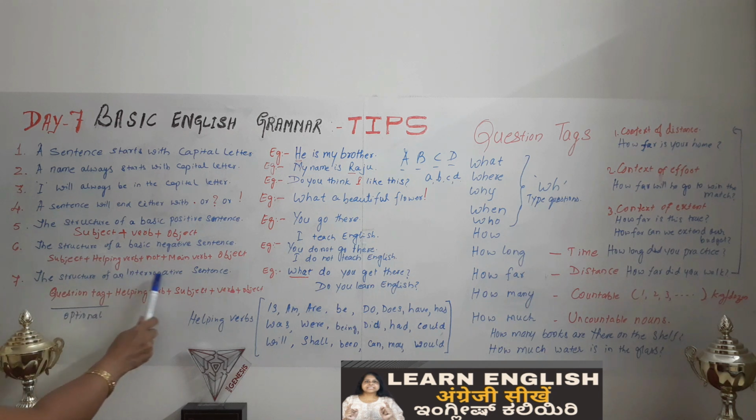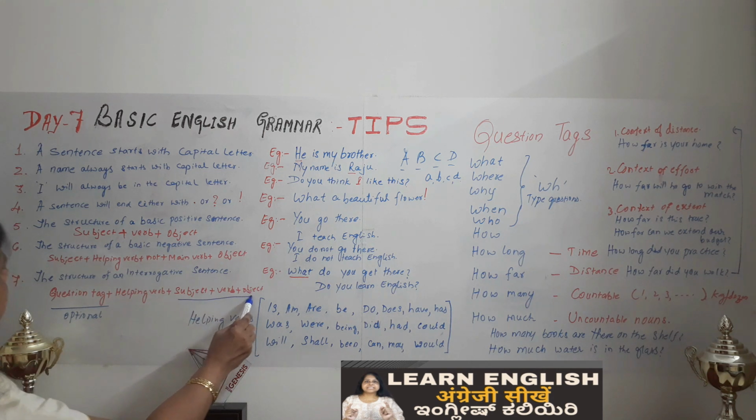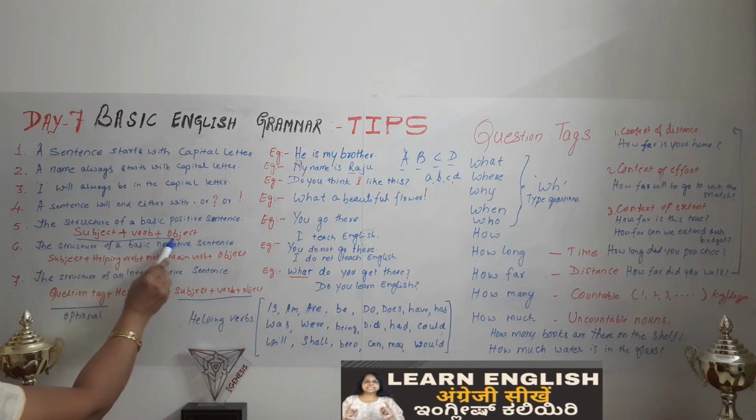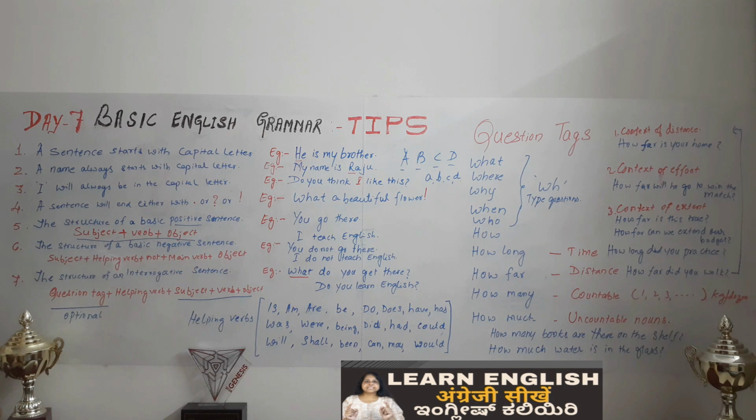So coming to the tips part, the structure of the interrogative sentence: we use a question tag, and helping verb, then subject, verb, object. Here you can see the subject, verb, object part is the same as the positive sentence. Only the extra parts are the question tag and helping verb. Here again, the question tag is optional.